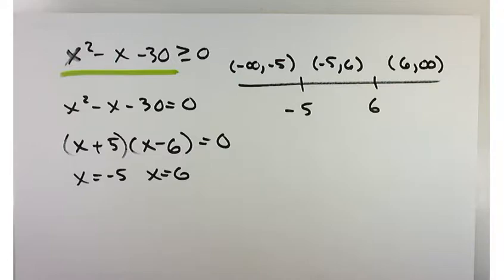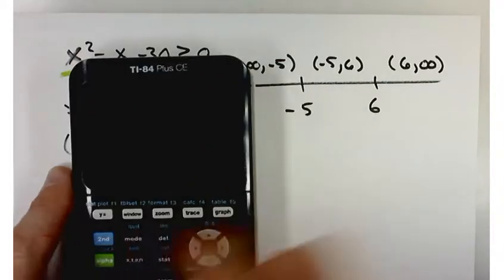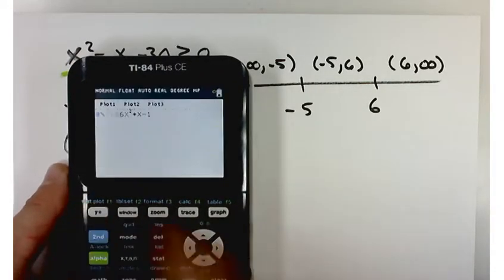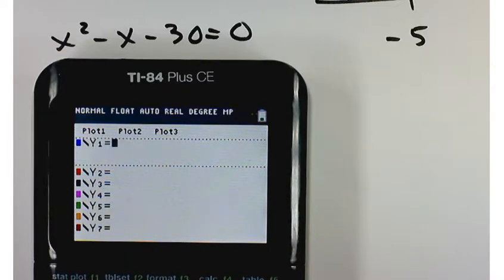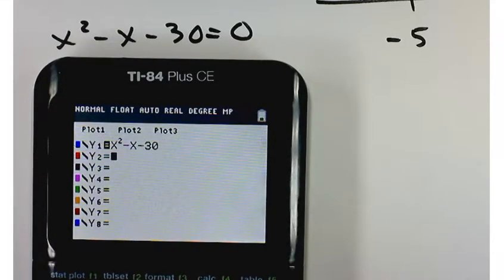We need test points in all these intervals. Let me get those after I change the function in my calculator. I don't want to test points with the old function. So let's clear this out. Type in x squared minus x minus 30 into our graphing calculator.